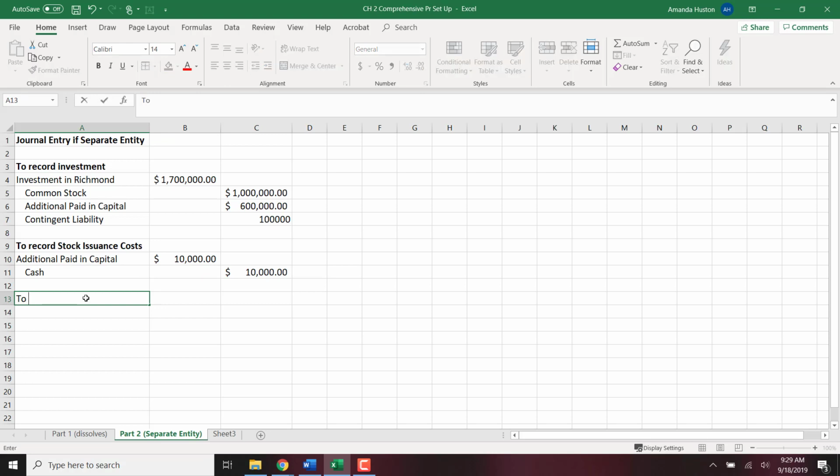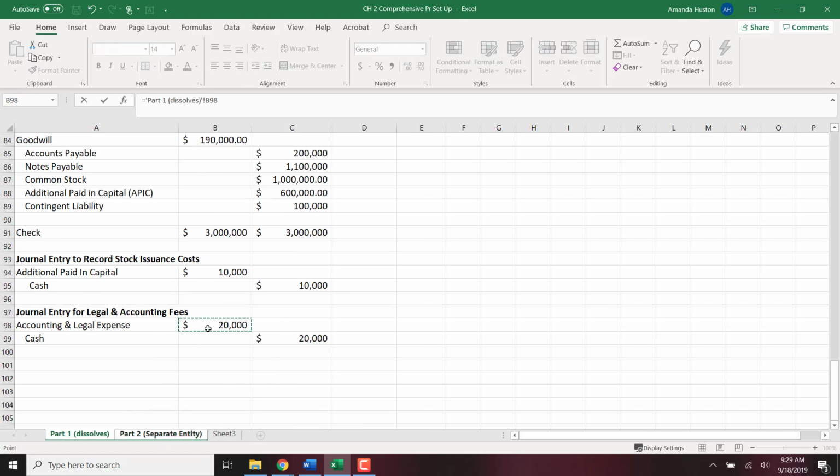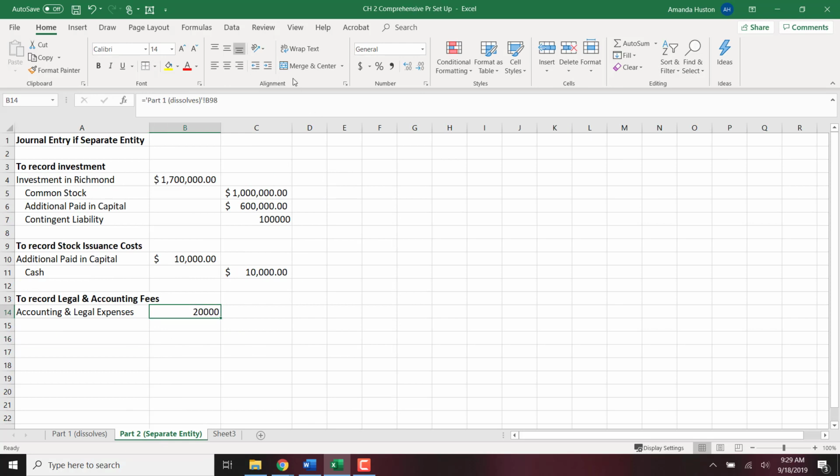And then to record legal and accounting fees, that would be accounting and legal expenses, 20,000, and we're going to credit cash 20,000. So these would be the journal entries.